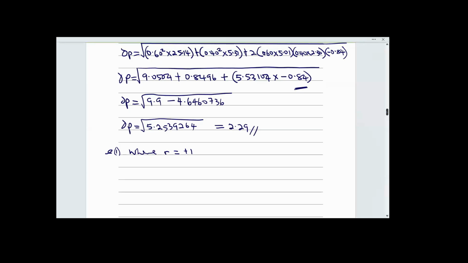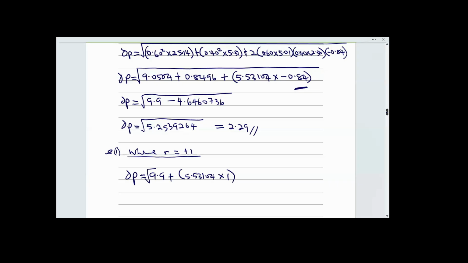All right. So in this case, I would then say the risk of the portfolio equals the square root of 9.9 plus, open a bracket, 5.53104 multiplied by positive 1, since my R is positive 1.